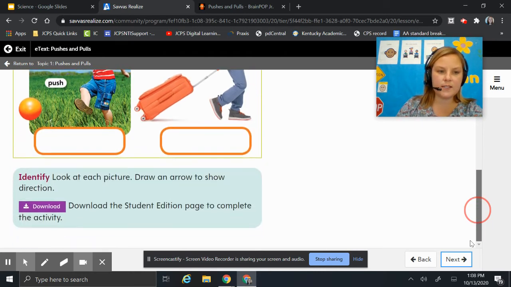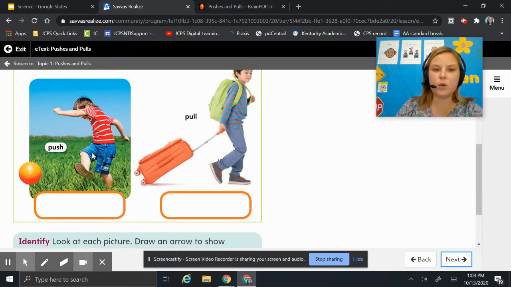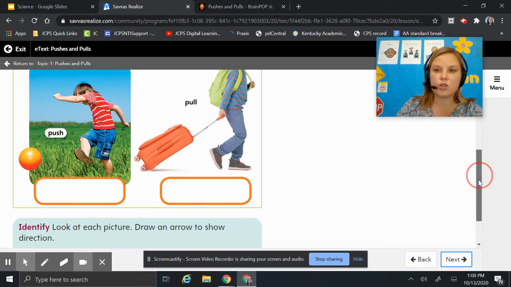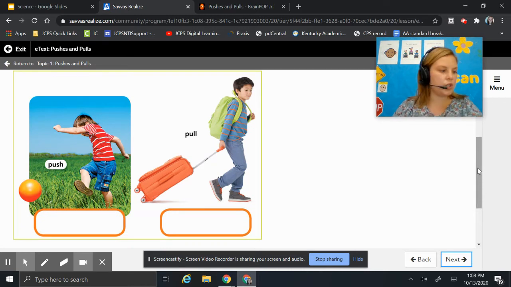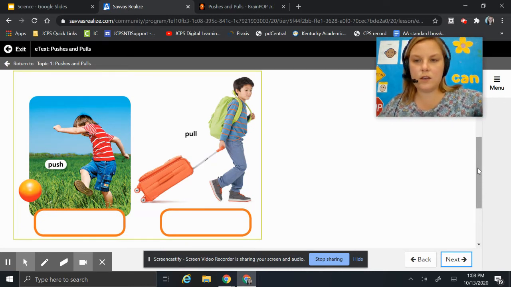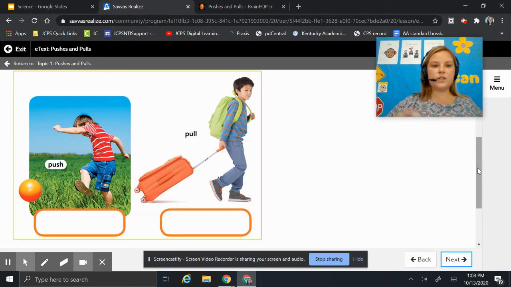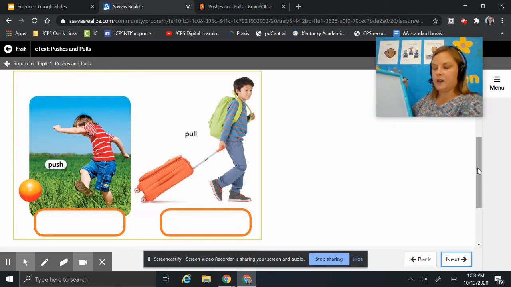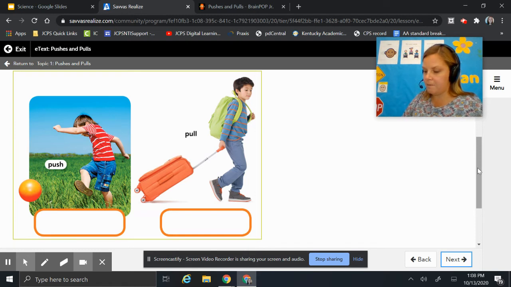All right, and then let's look at our pictures. What it's wanting us to do is look at the pictures and draw an arrow to show direction. We're just showing direction. Again, you all could do this together, you and one of your students, or you could have them do it on a device.